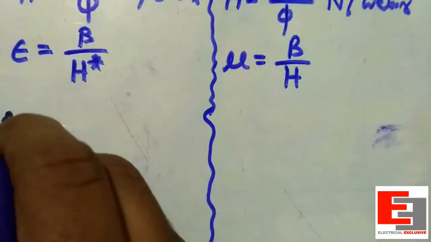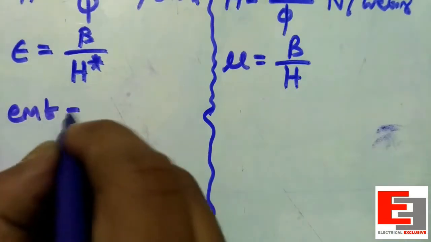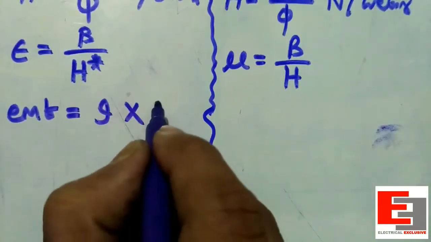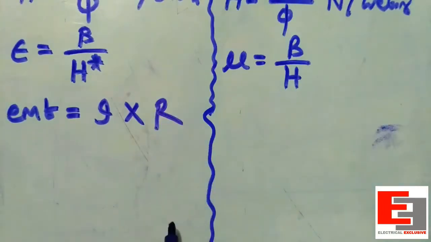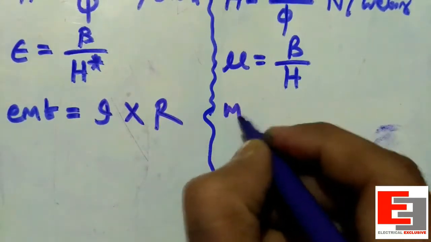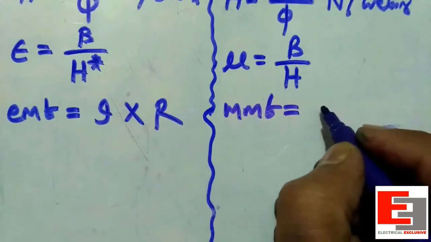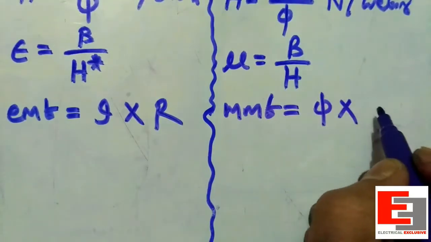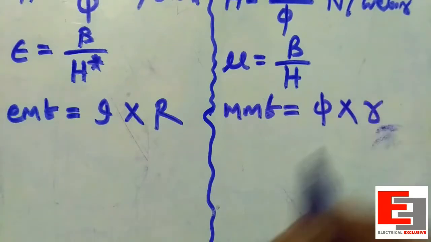The electromotive force, that is EMF, is equal to current I into resistance R. On the other side, the magnetomotive force, that is MMF, is equal to the magnetic flux phi into reluctance, which is small r.